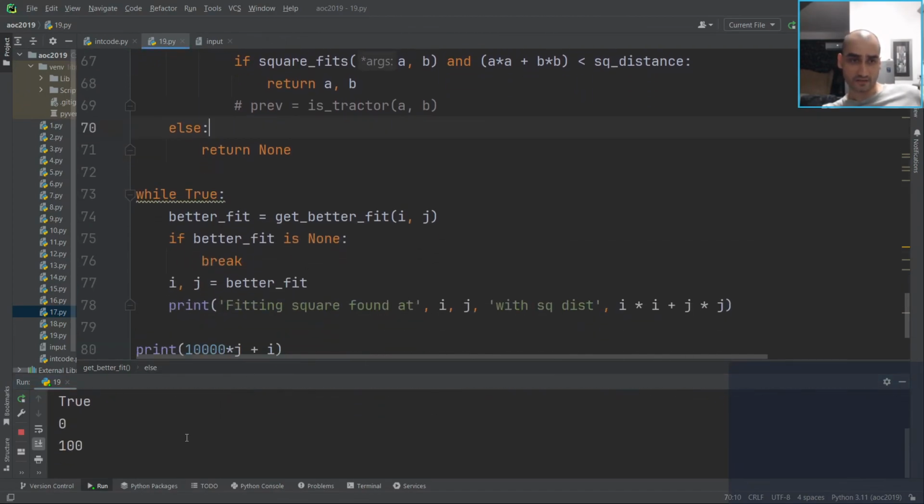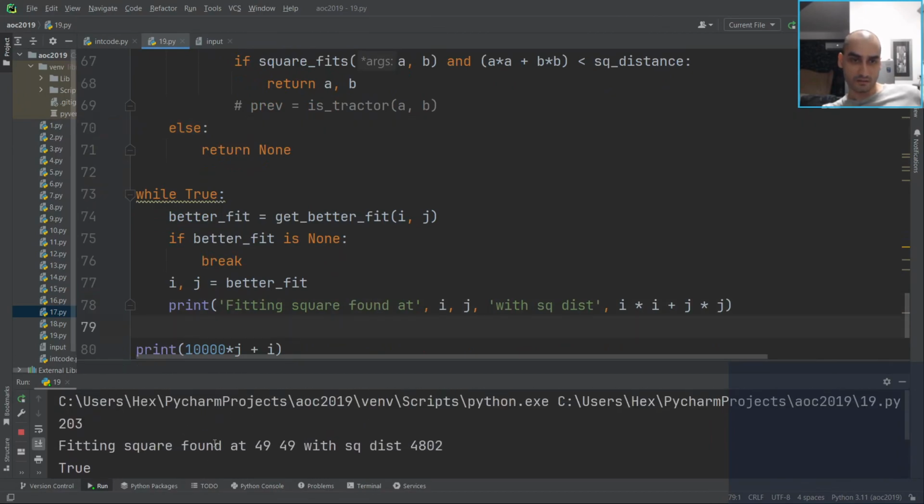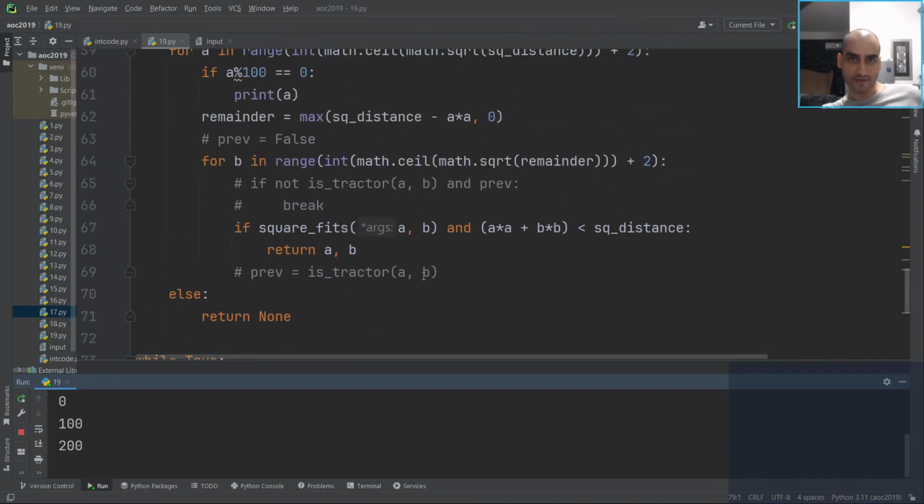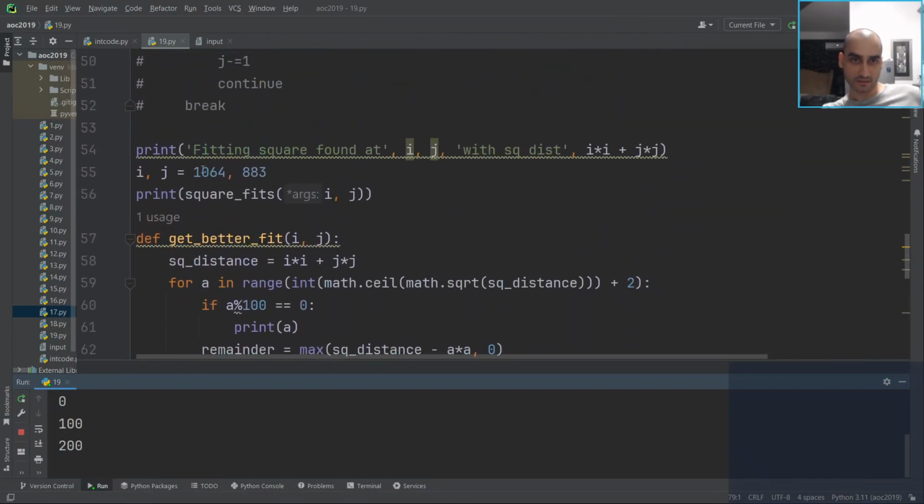And if this fails, then... I mean, this is the amount of work we need to do. We don't need to do any more work than this. Because we've found a point which fits, the square fits, and it has a certain square distance.